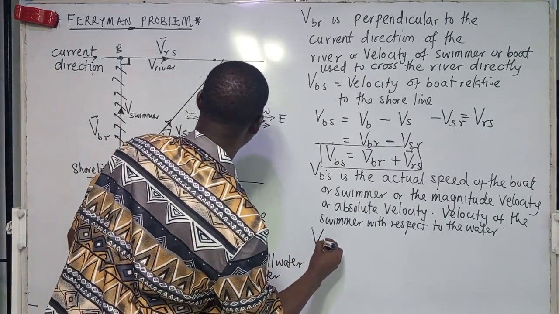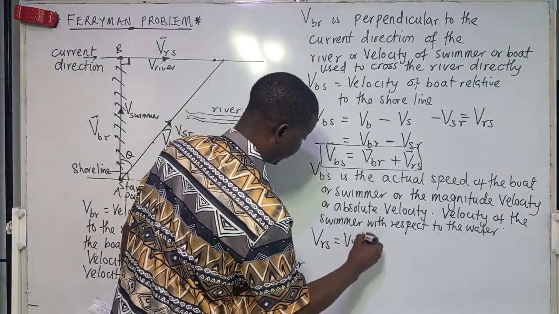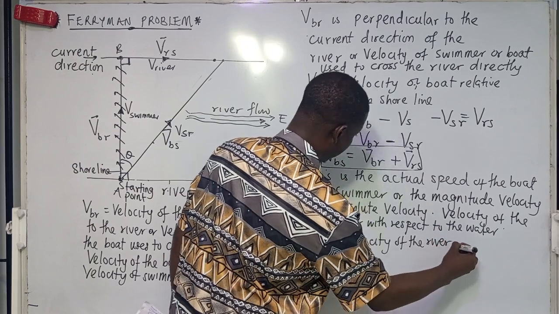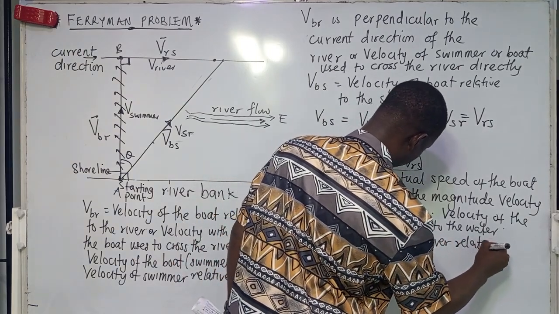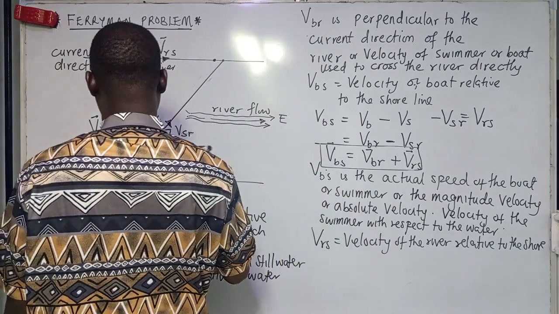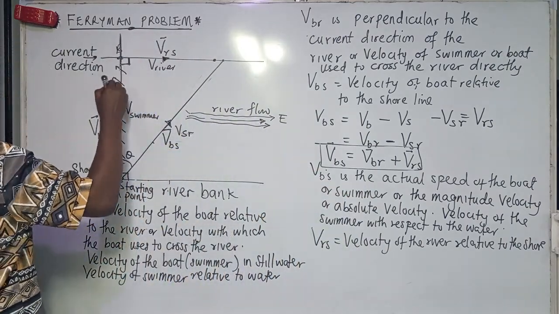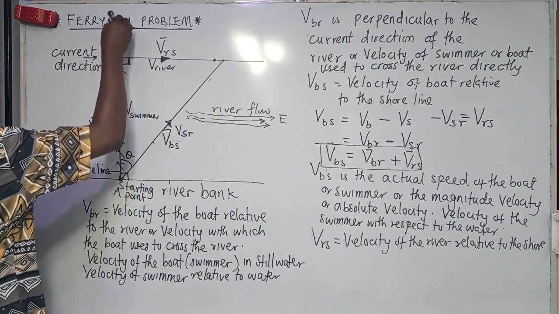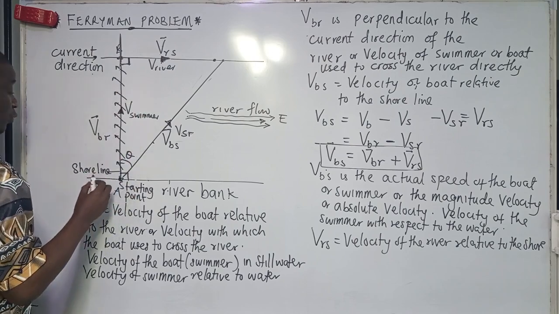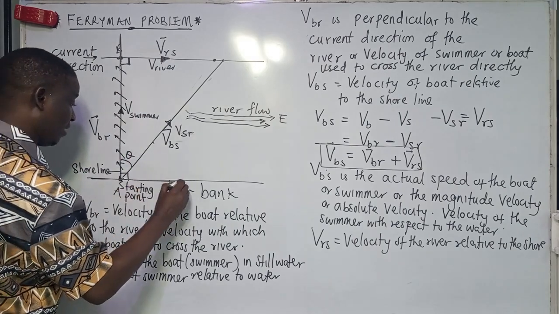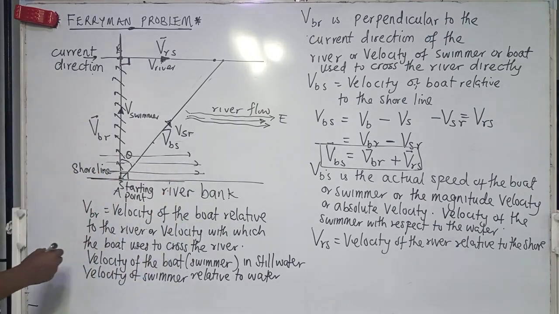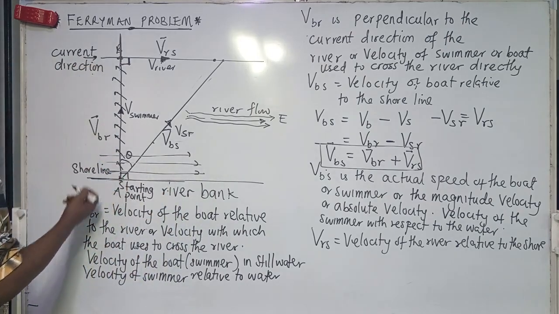So VRS is the velocity of the river relative to the shore. Look at the board, this is the shore, so it is moving with respect to the shoreline. While this particular one is moving with respect to the river, the river flowing eastward, because it's perpendicular to the river bank.